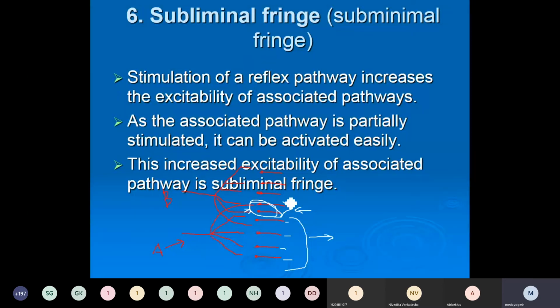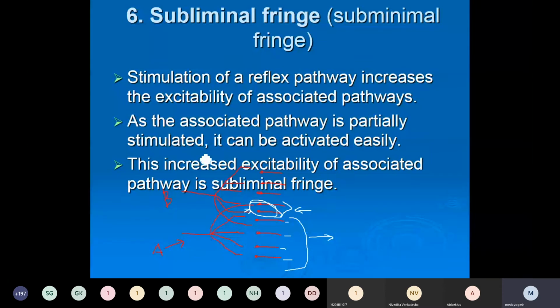So these neurons which are in the fringe are called the fringe neurons. They are in the region in the peripheries with very little, almost an excited state, and a little stimulus is going to stimulate them. So this is called the subliminal fringe. If you read the sentence again, stimulation of a reflex pathway increases the excitability of the associated pathway.